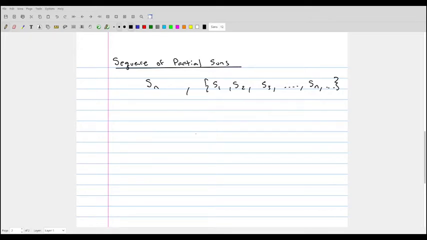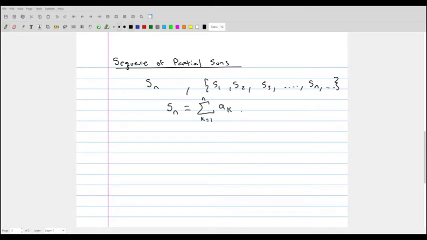And the way that we define the terms in the sequence is we just say that the nth term, I think I'll go with the nth term, because we have Sn right there. The nth term in the sequence of partial sums is just the sum from k equals 1 to n of ak.